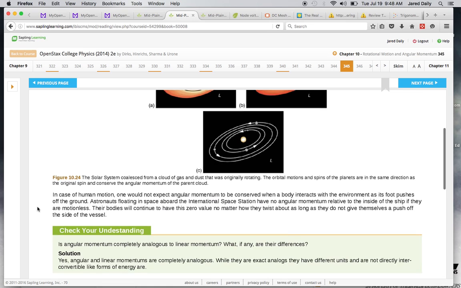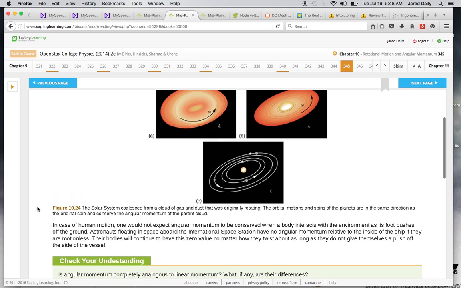In the end, what really happens is that the solar system before it is formed is rotating much faster, and as it coalesces into a sun and planets, it actually rotates less fast, and so that energy is internal to the collection of it, but the kinetic energy actually is going to decrease.